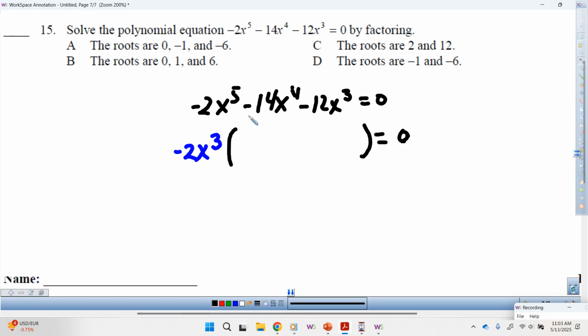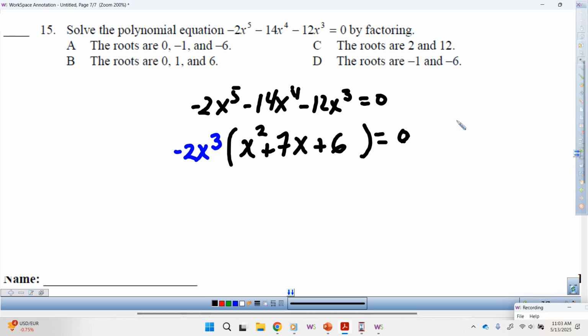So what does that leave us? Negative 2x to the 5th, take away negative 2x cubed, leaves us with x squared. Negative 14 divided by negative 2 is positive 7x, because we took out x cubed. Negative 12 divided by negative 2 is positive 6, and we took out the x cubed. What else does your brain want to do with this right here? Tell your neighbor.